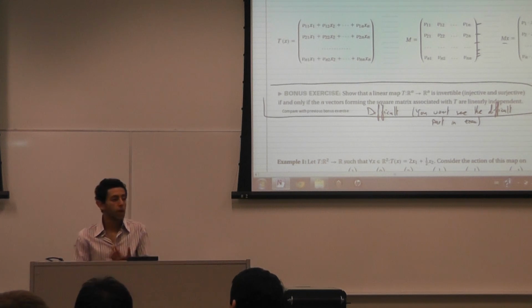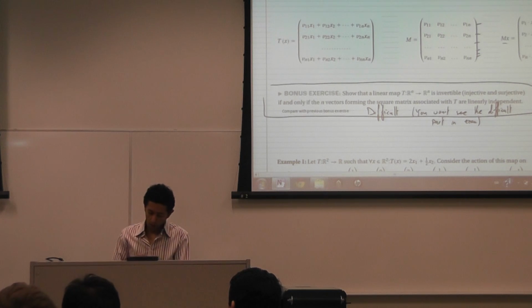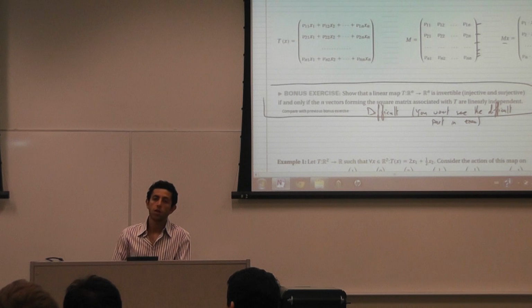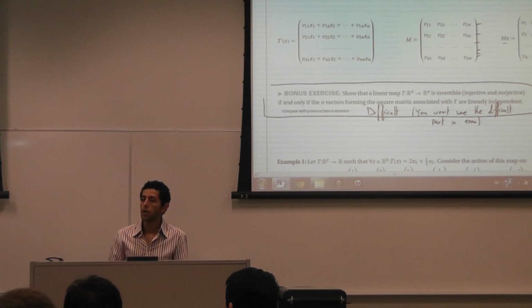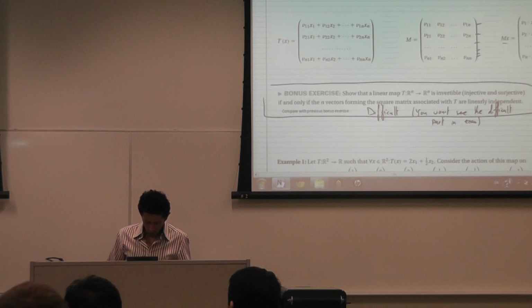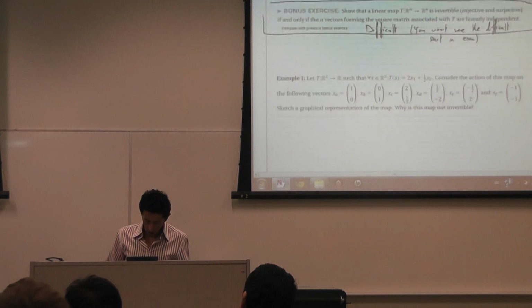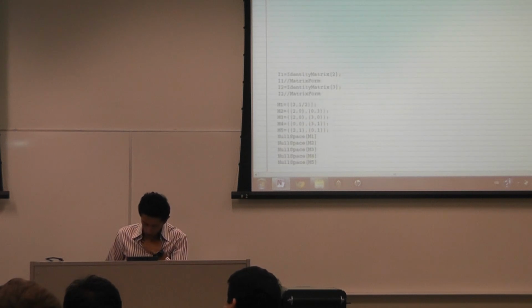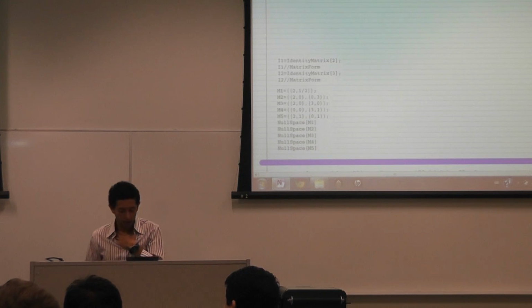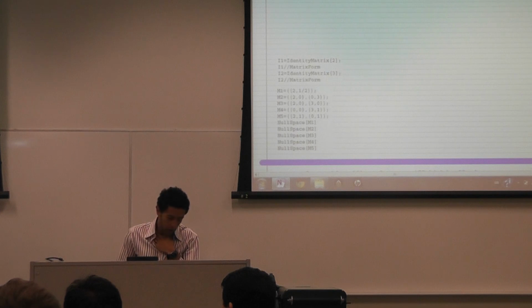If they're linearly independent, then right away this matrix will be invertible. Because if they're linearly independent, you can show that the kernel is 0, and if the kernel is 0, that means from the previous bonus exercise that the matrix is invertible. So a few other examples, you might want to read them. And then at the end of today, I will show you a few tricks on how to do things in mathematics.